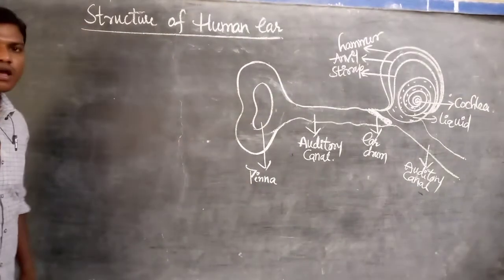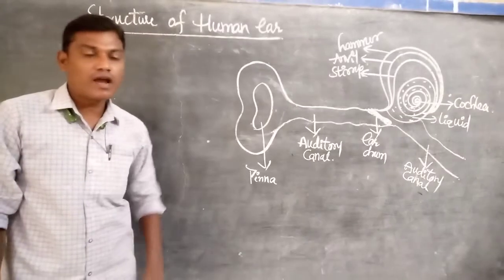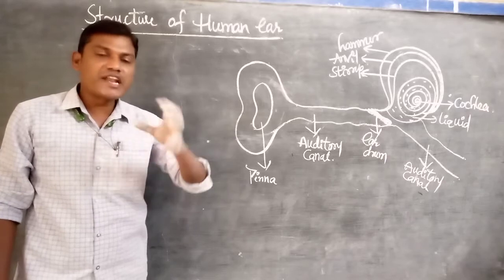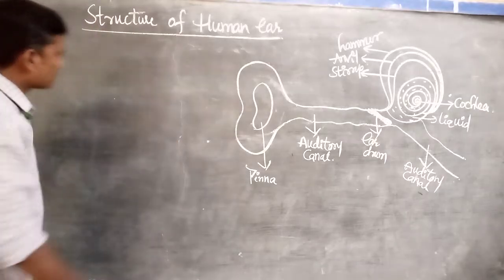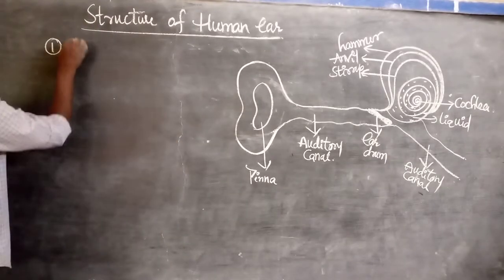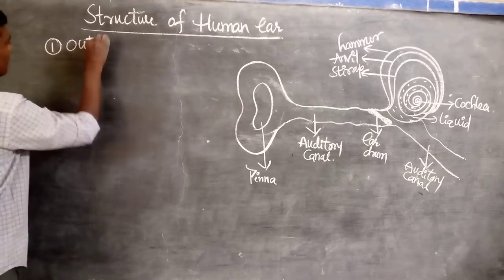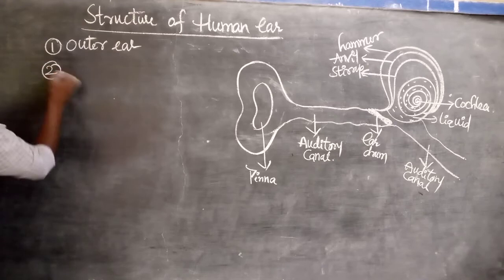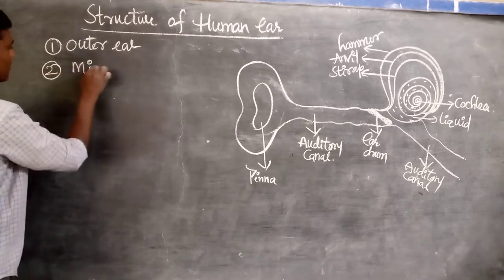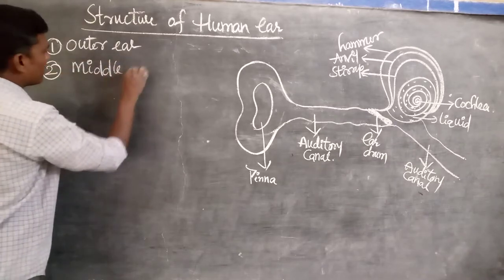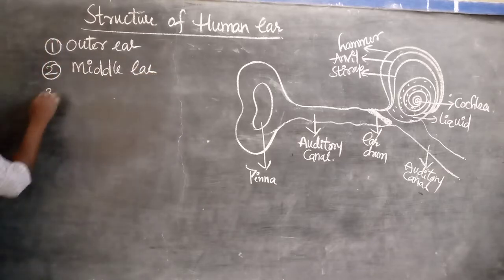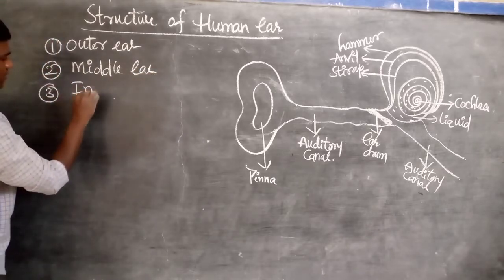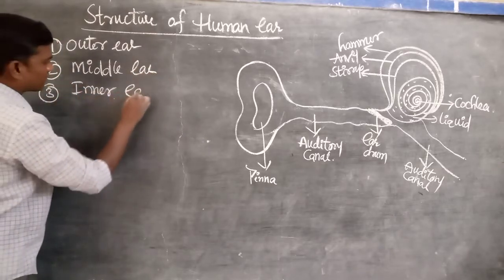Generally, our human ear mainly consists of 3 parts. The first one is the outer ear, the second one is the middle ear, and the third one is the inner ear.